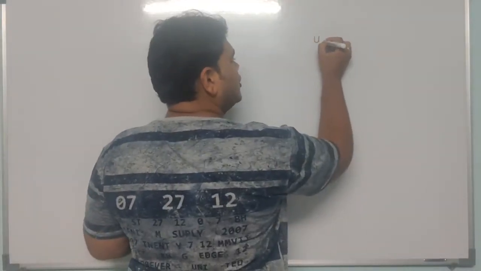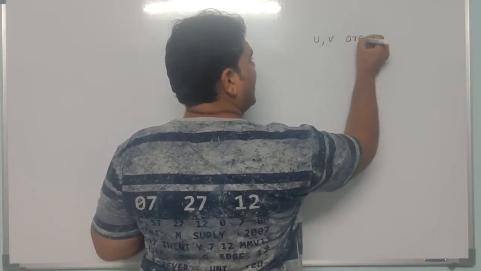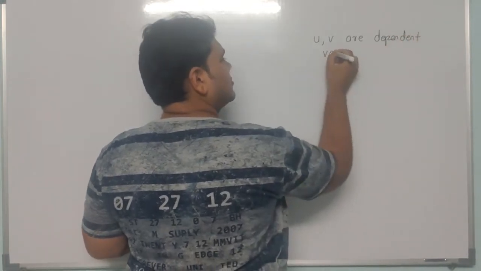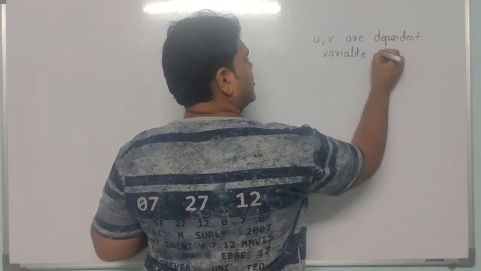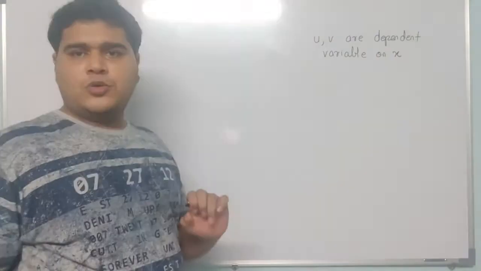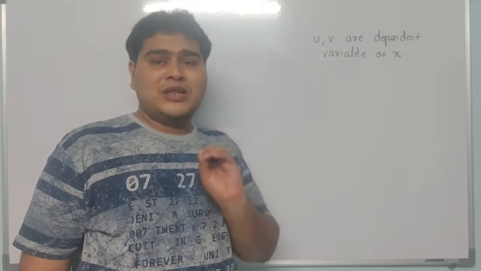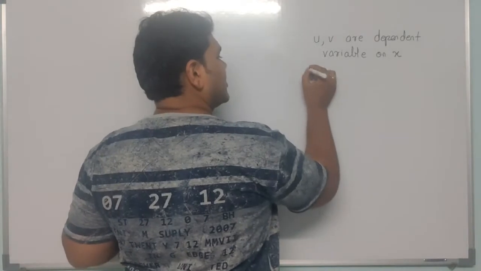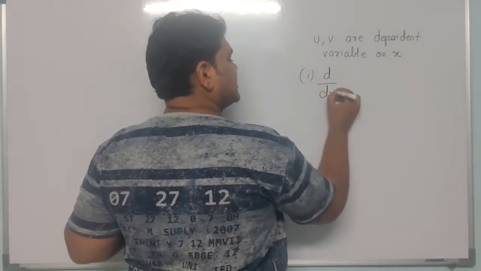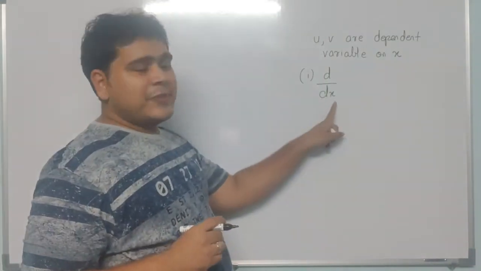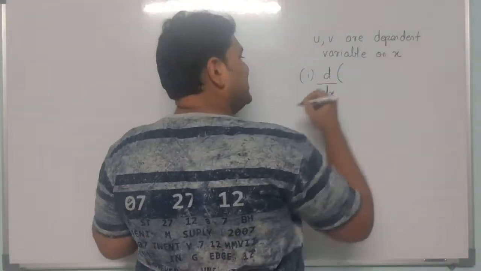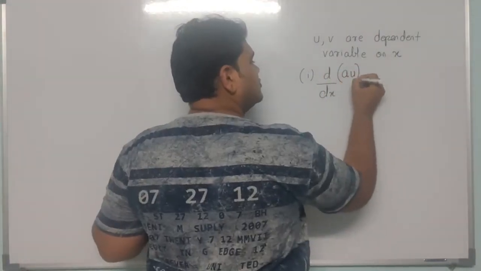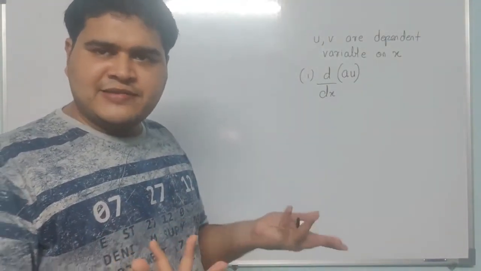Let's say u, v are dependent variables on x, and you get a function or the derivative as d by dx, that is derivative with respect to x, of, in the bracket, a times u, or it can be a times v, doesn't matter though.